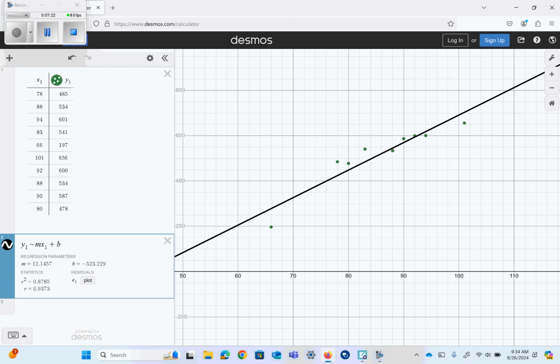Okay, so the longer the time you waited for an eruption, the longer your eruption time is going to go. Okay, describe the association between Old Faithful eruption time and the time between eruptions. The longer the eruption, the longer you have to wait for the next one to take place.